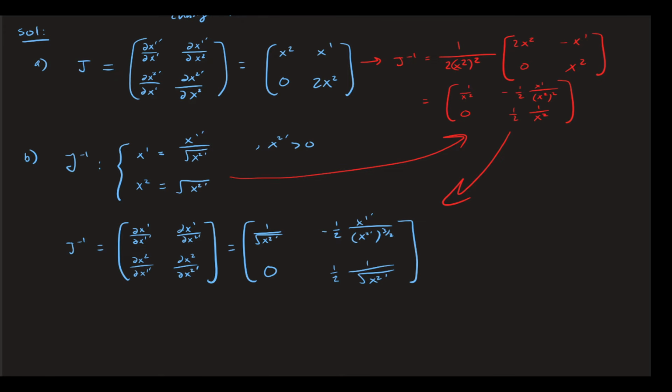So look at that. The matrix inverse is actually the inverse Jacobian, or the Jacobian of the inverse transformation. So good stuff.